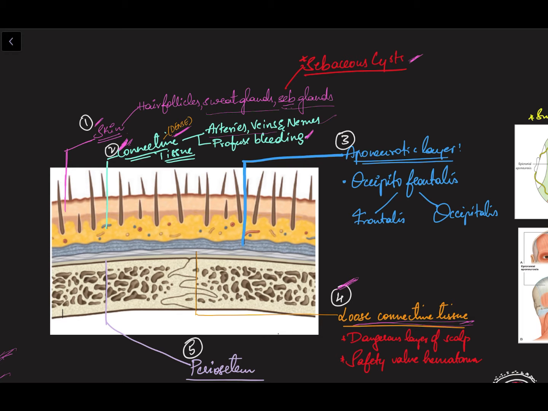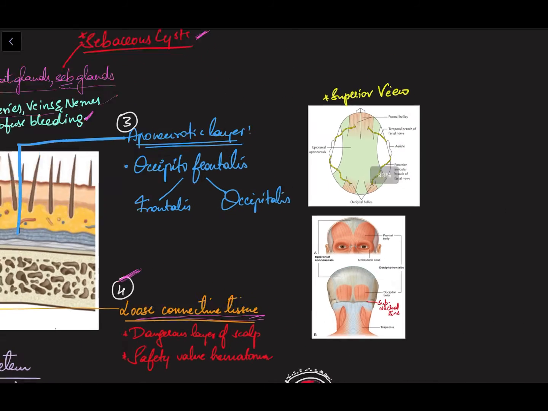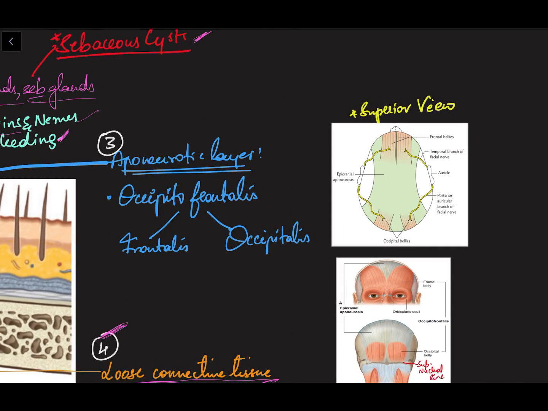Now the third layer is the aponeurotic layer. What is aponeurosis actually? Aponeurosis is a thin, flat, tendinous sheet, which here connects two muscles. The occipitofrontalis muscle has two parts, one is the occipital part and the other is the frontal part, the frontalis muscle and the occipitalis muscle.